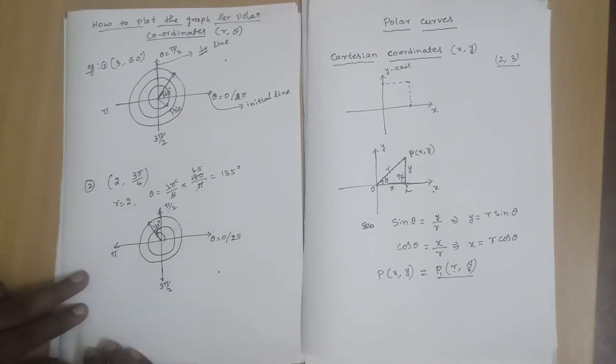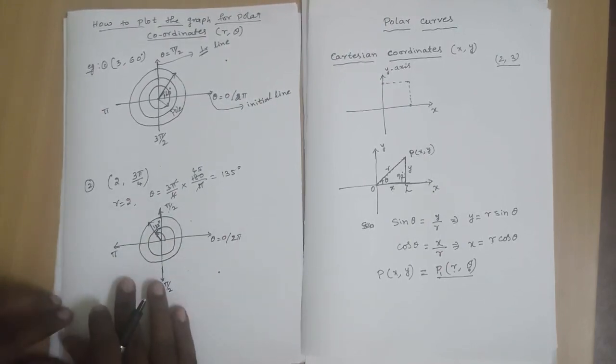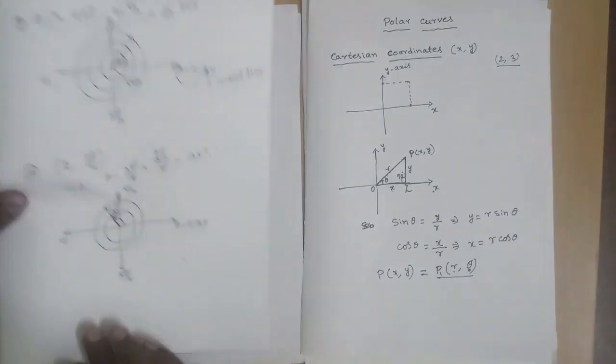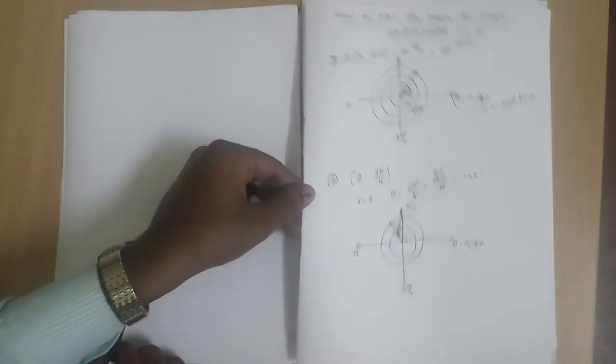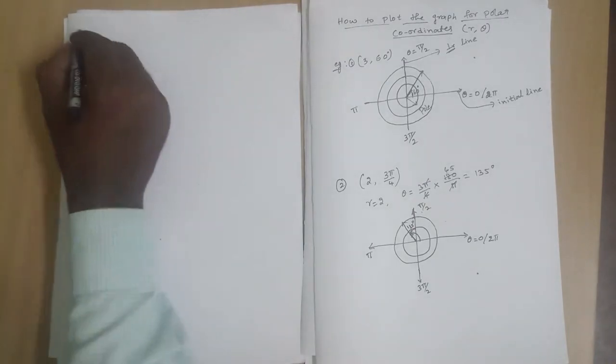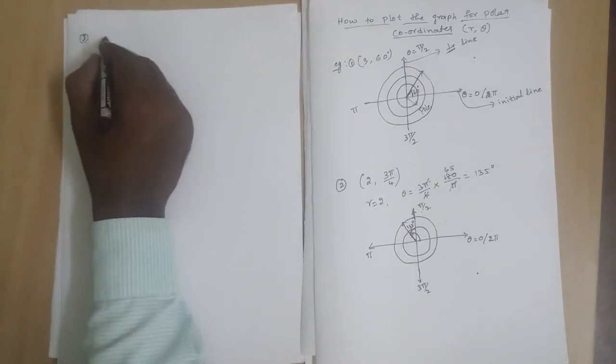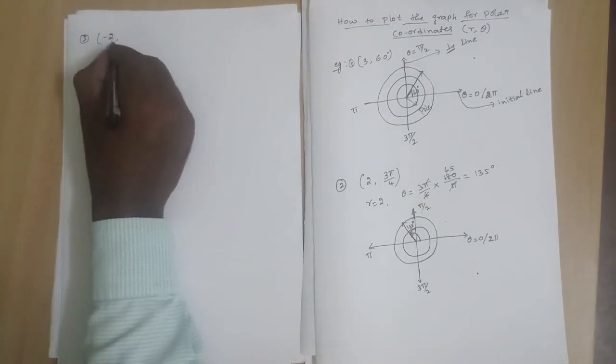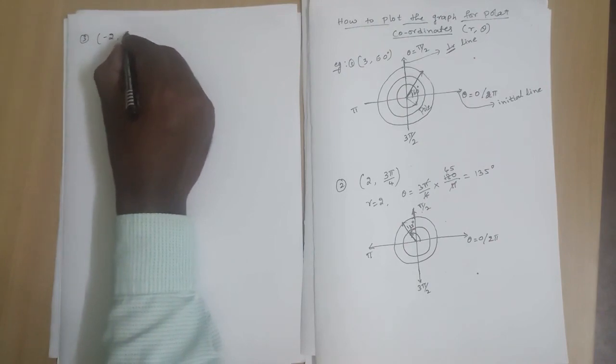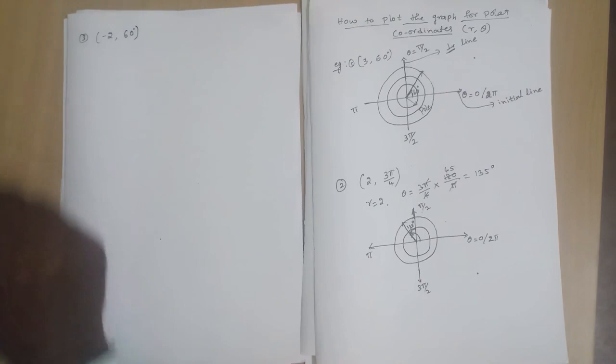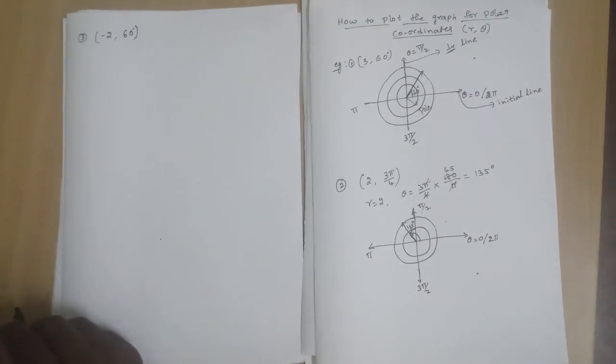Suppose you get a negative r. So here, minus 2 comma, what do you get? 60 degrees. It is 60 degrees.